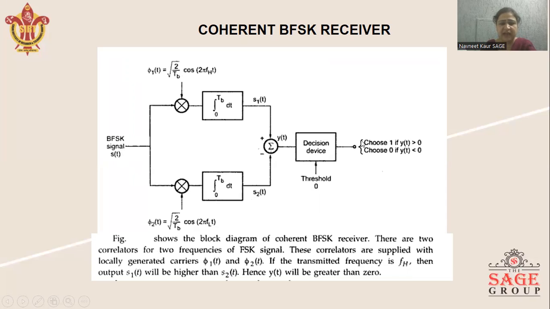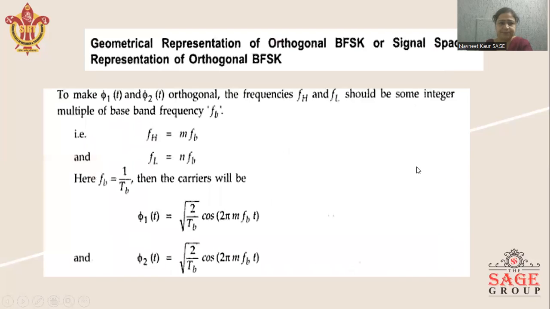So here we will have a negative output, and in that case, the detected message will be 0. So if the transmitted frequency is FH, the output is 1, and if the transmitted message is at frequency FL, the output is 0.